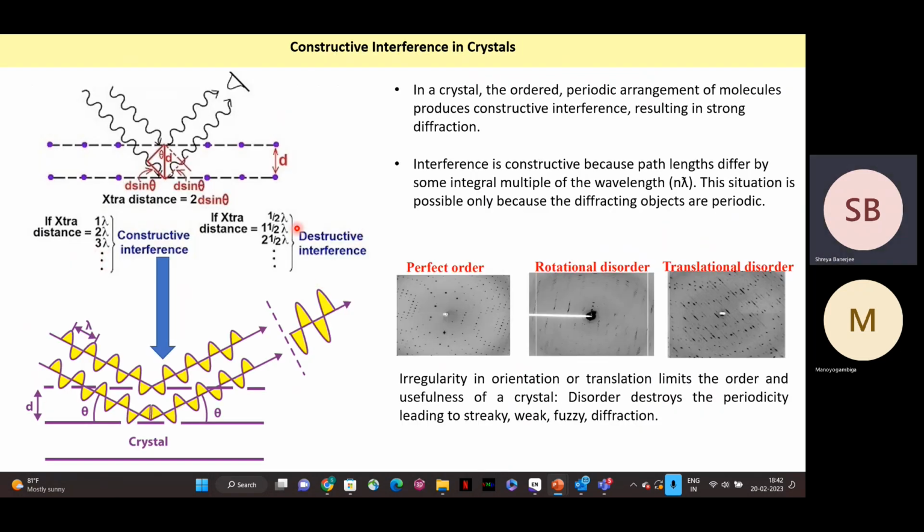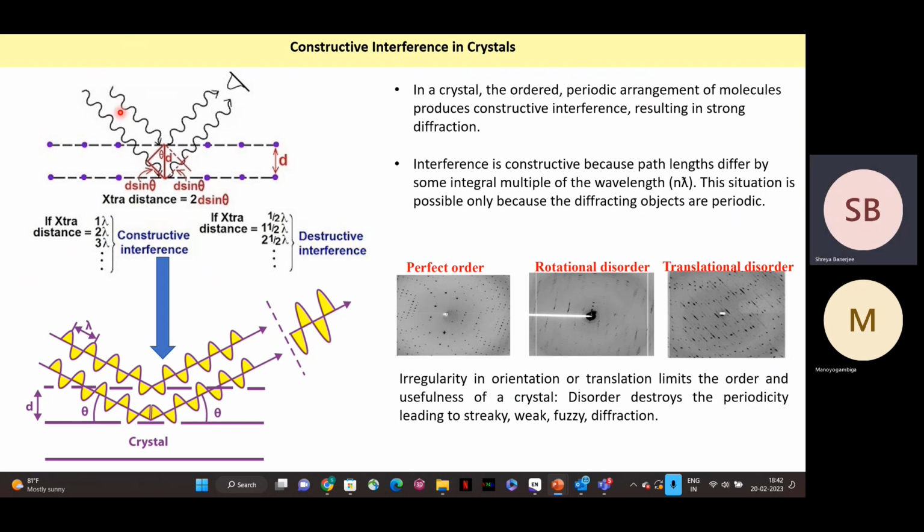Now in crystals, as you learned a few slides ago, diffraction from a single molecule gives very low intensity patterns, and so it's not enough, and you need diffraction from a crystal. So how does diffraction from a crystal increase the intensity of the final diffraction pattern? There is something called Bragg's law.